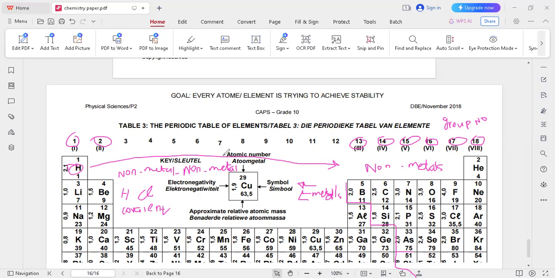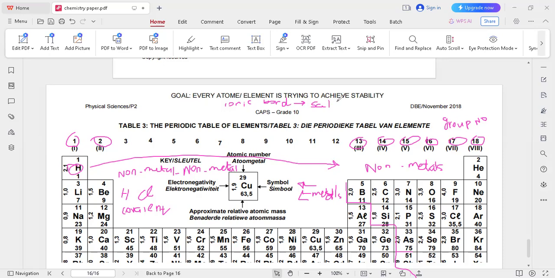Now, a non-metal and a metal will have ionic bonding. Why? Because there's a huge difference in electronegativity. An ionic bond results in a salt.